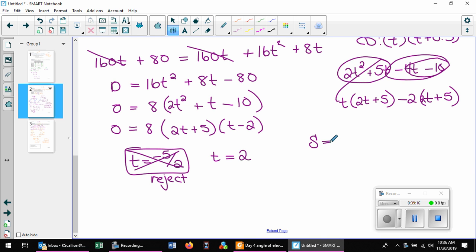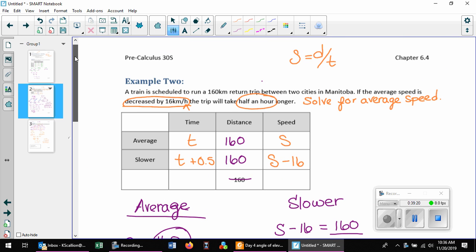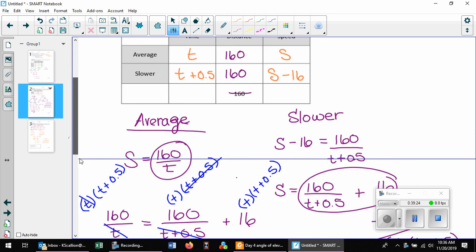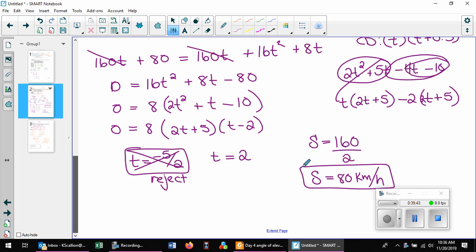I wrote that down at the top. Okay. Speed was 160 divided by time, which we said was 2. So my average speed, 80 kilometers per hour. Oh, I think we fixed them. Okay, we're smart. We're smart people.